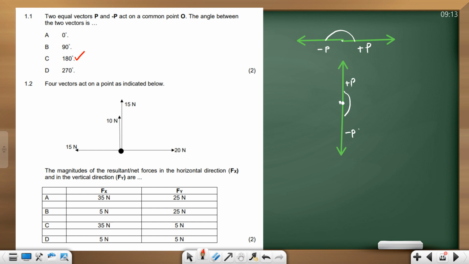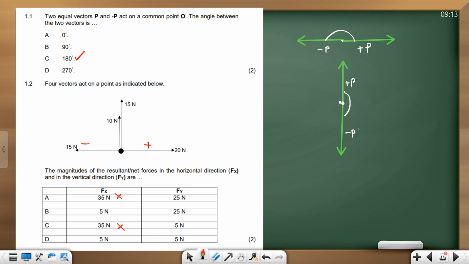One is to the right, other one is to the left. Can we choose right as positive? Left would be negative. So let's add. What are we going to get? 5. So our answer cannot be this. It's either B or D. So those of you that chose A and C, already you are wrong.